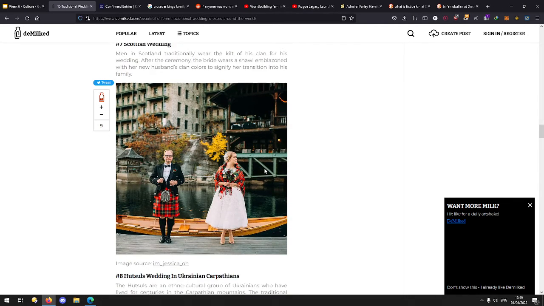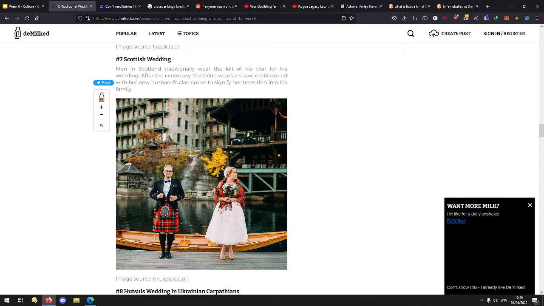So this is a Scottish wedding, and this is very popular in popular culture. The kilt, it's one of the few instances where men wear skirts, and it's traditional. But the interesting thing here is after the ceremony, they also have patterns, family clan colors, and the bride wears a shawl.